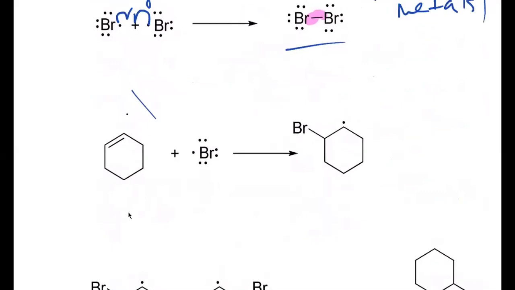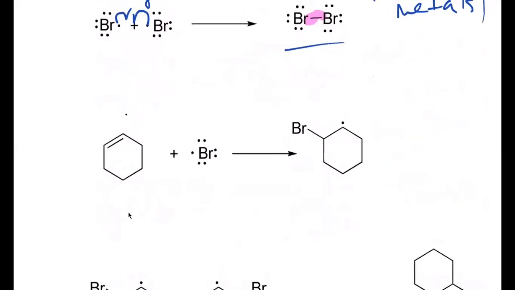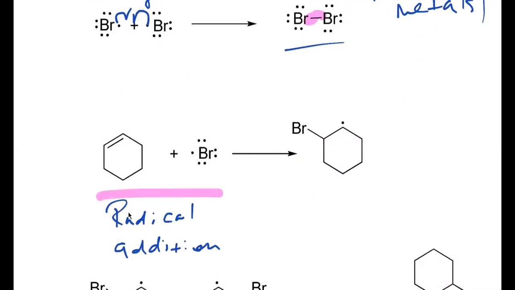And then if we go down here, we can see an example of a radical addition. How do I know it's an addition? Which one of the two starting materials over here is letting me know that this is going to be an addition reaction?